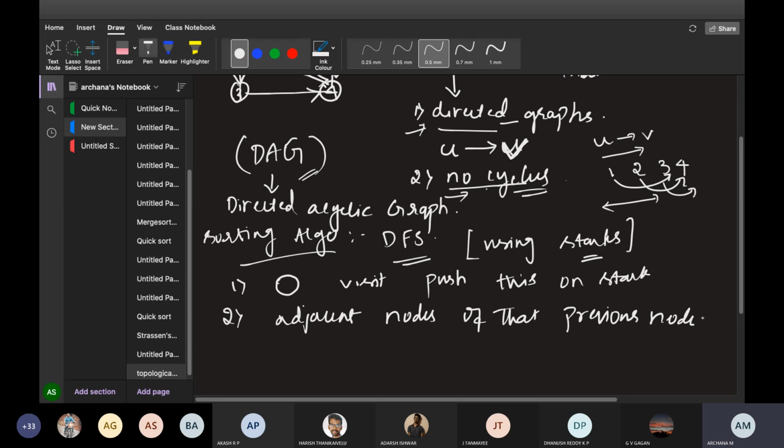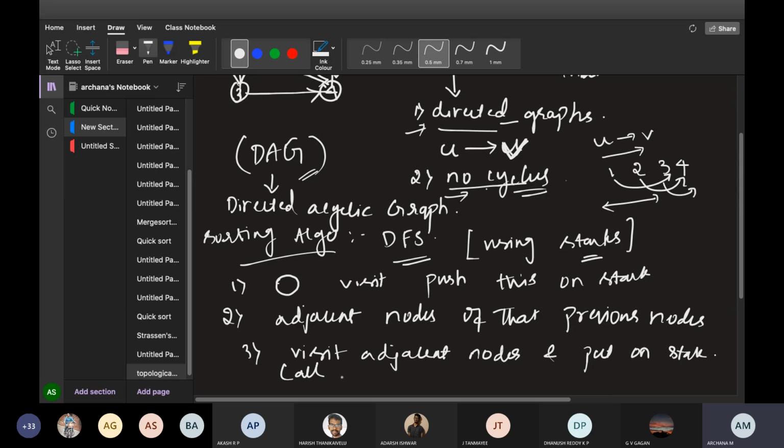Visit the adjacent nodes and put them on the stack. Okay, repeat this for all nodes.